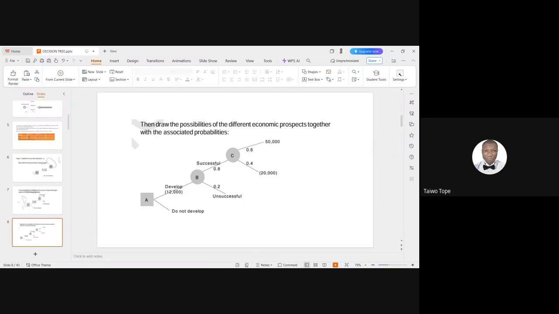Now, the next thing, when it is successful, the probability is what? 0.8. When it is successful, it is 0.8.